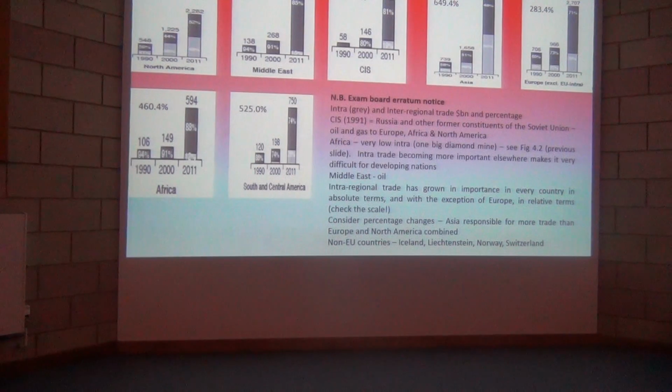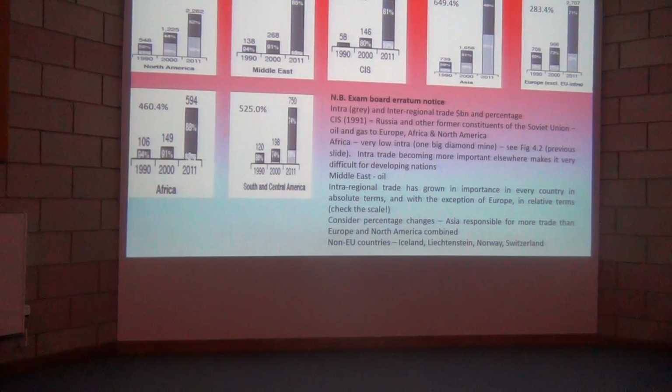And the final thing to note on this is the percentage changes. If you look at Asia, Asia is responsible for more trade than Europe and North America combined. So first of all, in terms of the percentage changes, quite clearly CIS is the leader there, closely followed by the Middle East, then Asia, Southern and Central America.